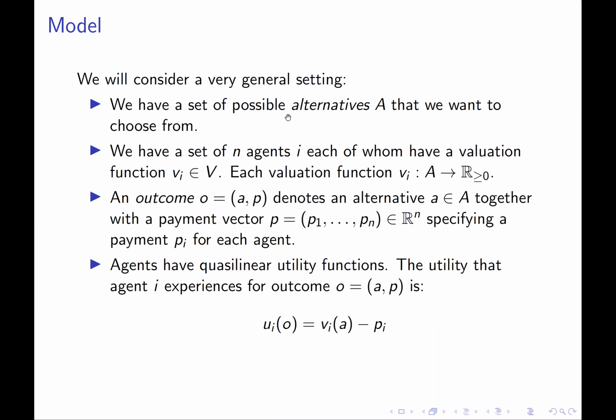I've got a question. The question is, can an outcome also have a lottery over alternatives and not just one alternative? So a mechanism can certainly be randomized. So, let's say yes. The way we're going to use notation, an outcome will be a deterministic alternative, but a mechanism, if it wants, could choose a lottery over outcomes.